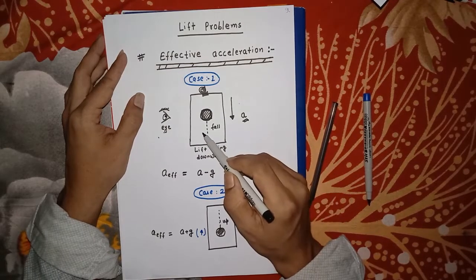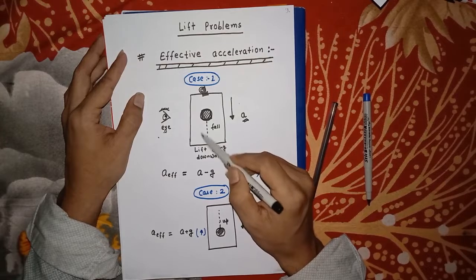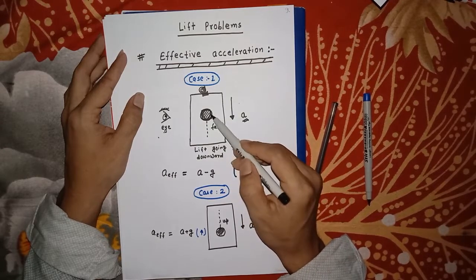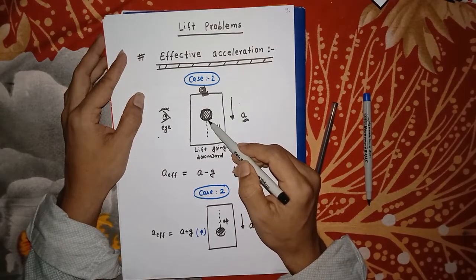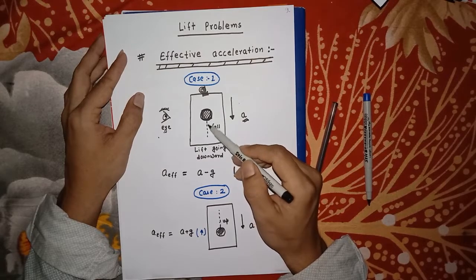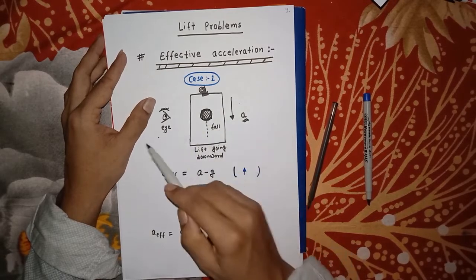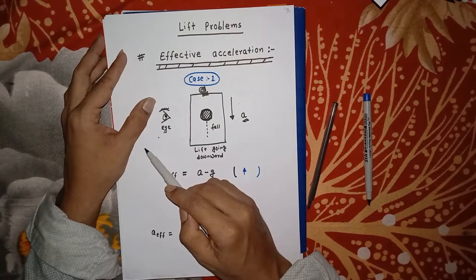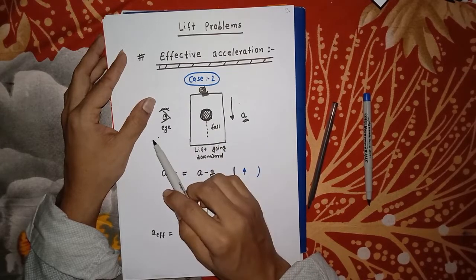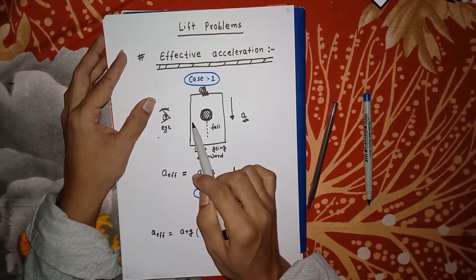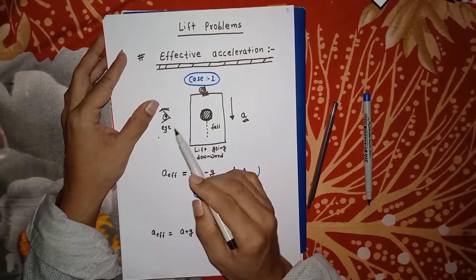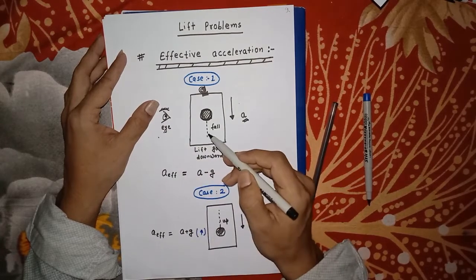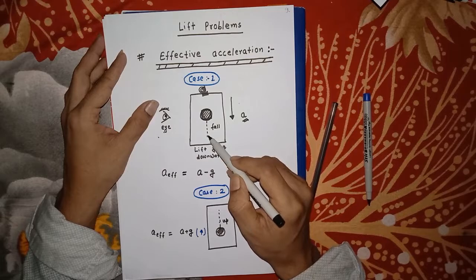So if a man is in the lift, the ball will fall with the same acceleration as the acceleration due to gravity. But if I am on the ground watching the motion of the ball through the window of the lift, then I will perceive a different motion than the man who perceives from the lift.